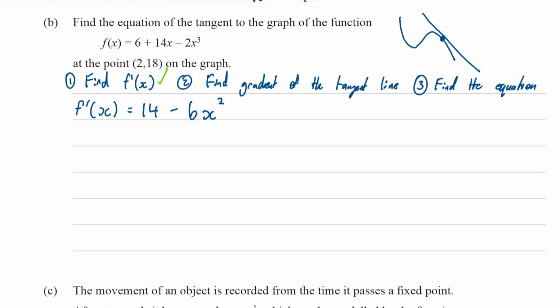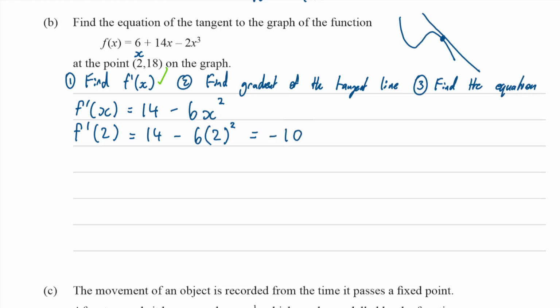Second step is, since we have that, we can find the gradient of the tangent line, because we know that it is at the x value of 2, right, on the graph. So using our gradient function, f prime of 2 equals 14 minus 6, and for x goes 2 squared. So 14 minus, what is that, 2 squared is 4, 4 times 6 is 24, 14 minus 24 is minus 10.